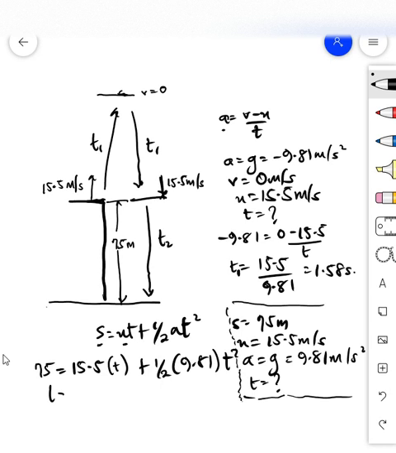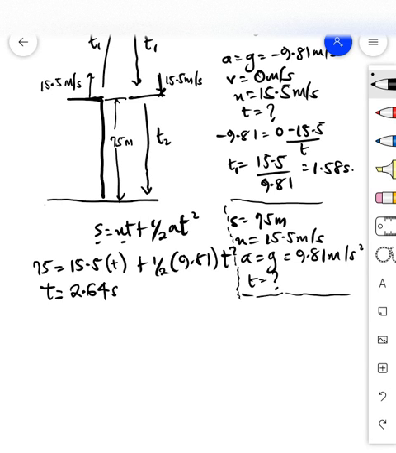Calculating this, we have T equals 2.64 seconds. This is T2, of course.